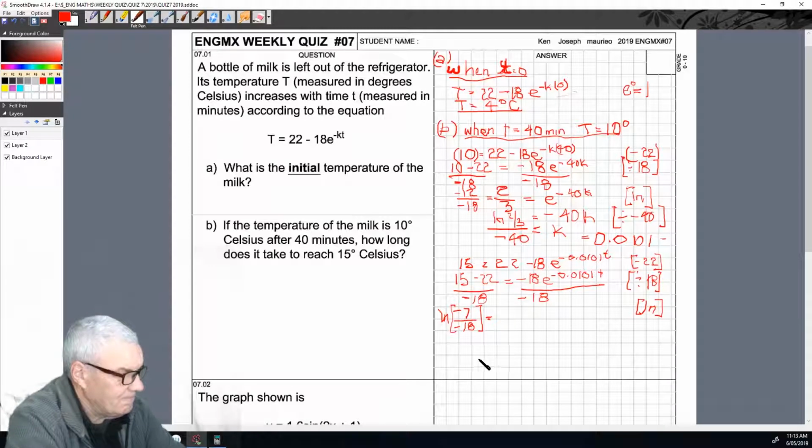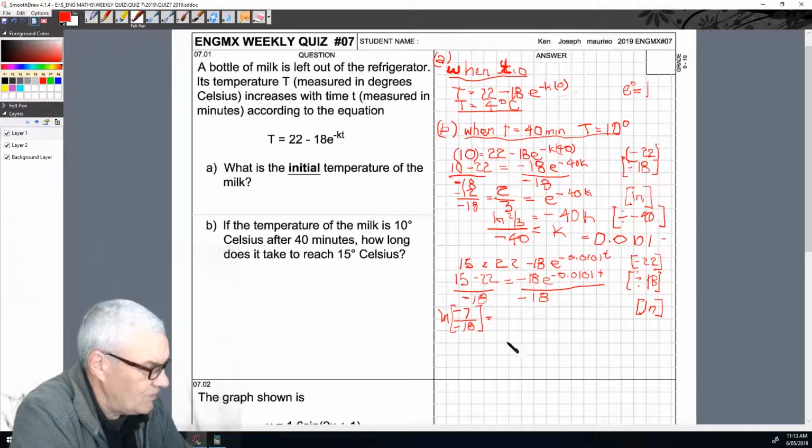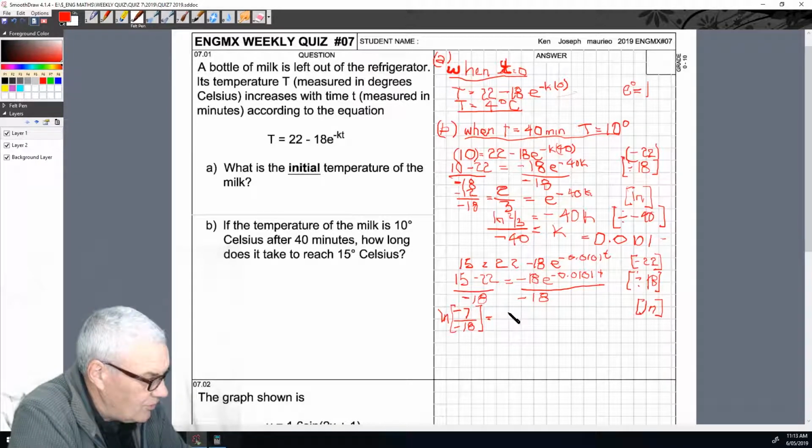Oh, no, they'll become negative 7 over negative 18 equals, and we took the log, negative 0.0101 t.